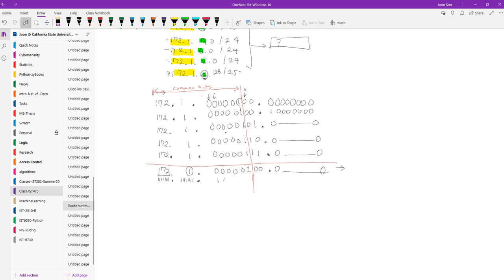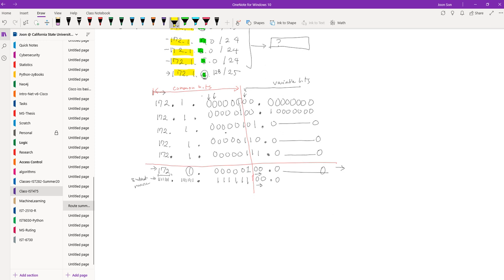And then 1 1 1 1 1 1, then 0 0 dot, and then the remaining you put all 0, right? So under all the variable bits, for both the IP address and the subnet mask, you put 0, right? So it's going to be all 0.